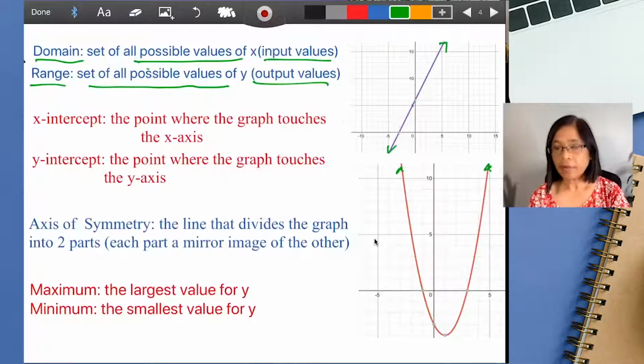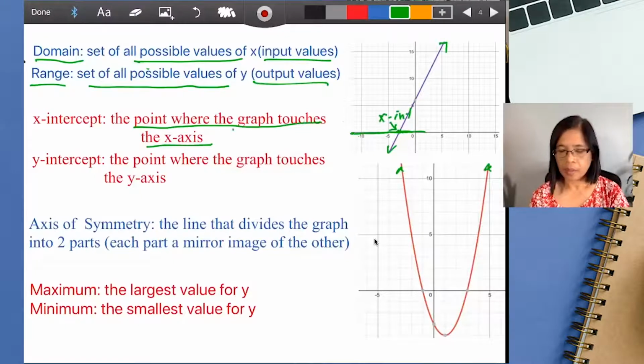Draw a line from left to right along the x-axis and stop where the x-axis would intersect the graph. This point, which is the intersection, is called the x-intercept. It's the point where the graph touches the x-axis, and we denote this x-intercept by (a, 0), where a is the value of the x-intercept.